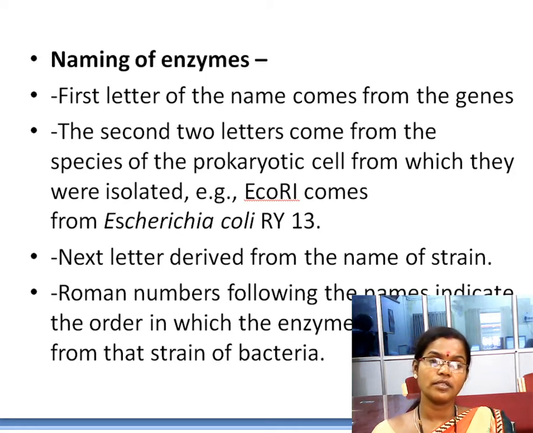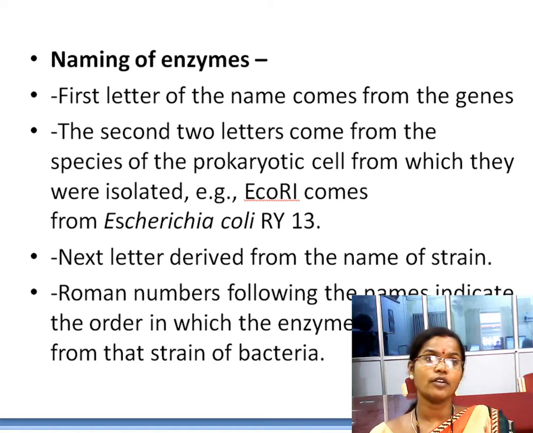Always remember that the first letter should be generic and the second letter should be specific. The next letter should have the number of strains, like Roman numeral 1, 2, 3. Then the fourth step: the Roman numerals following the names indicate the order in which the enzymes were isolated from the strain of bacteria.